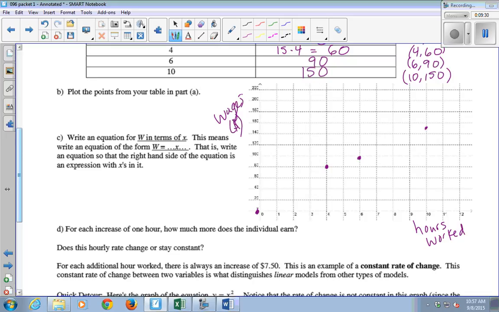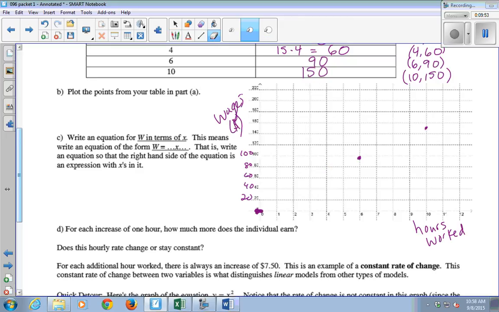They should all fall in a line. It's hard for me to read these numbers. It's 20, 40, 60, 80, 100. So 0, 0 is here. So it's supposed to be 4, 60.